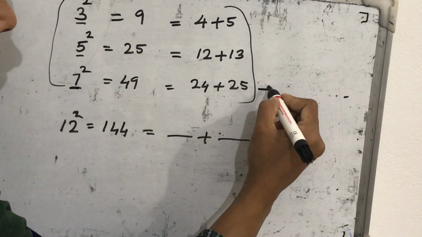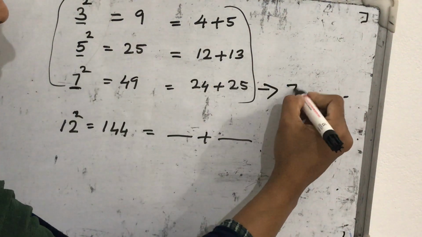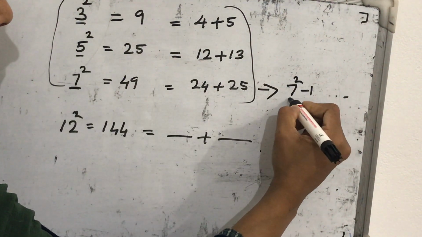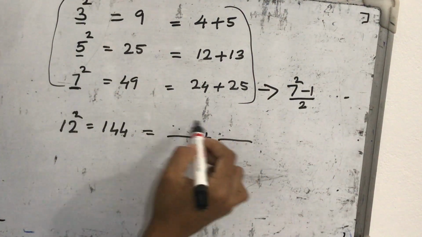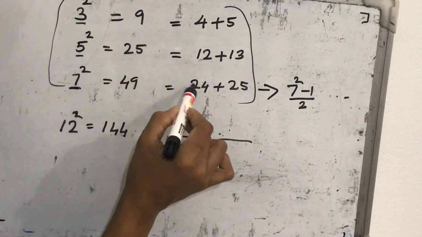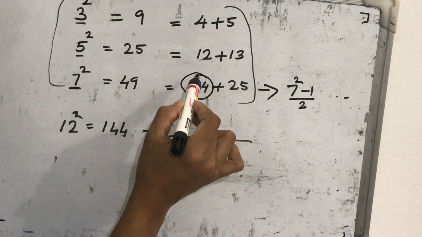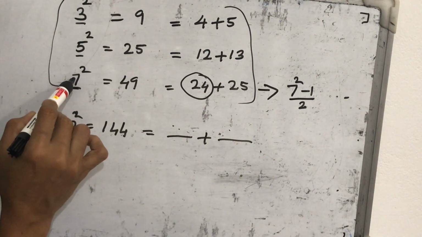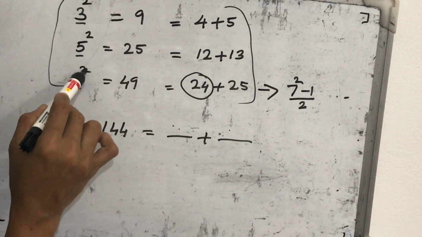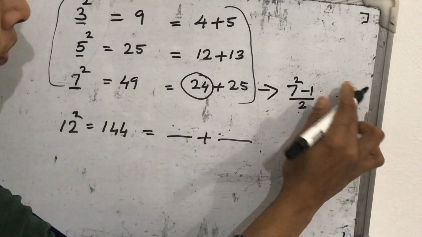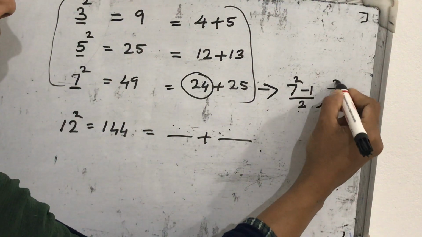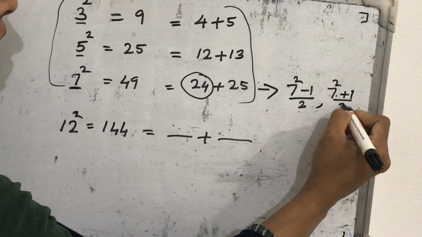Then we write 7 squared minus 1, divided by 2, and that will be the first number. We are adding two numbers. So here we get the first number 24. How? From the given number 7 squared, subtract 1, then divide by 2. That will be 24. And the second number we get is 7 squared plus 1, divided by 2.